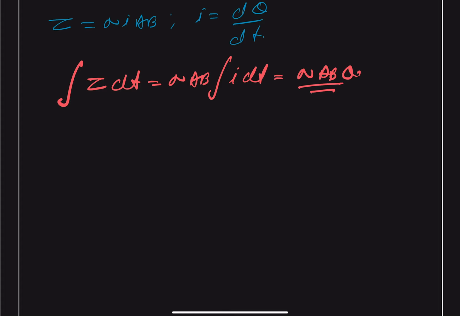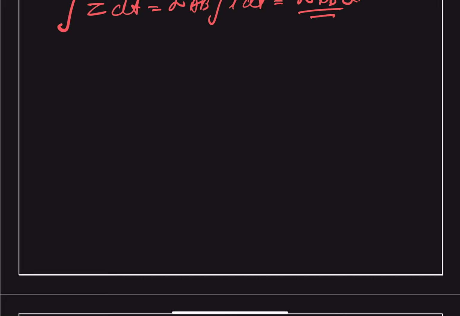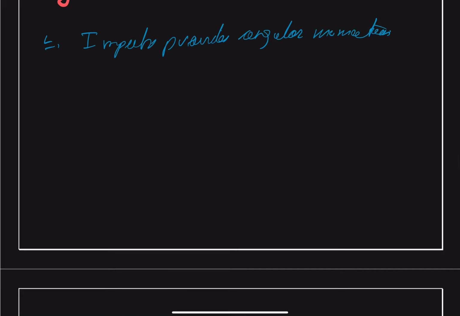Okay. And it will also provide an angular momentum. So we can say that impulse provides angular momentum, and that is given as L, which is equal to I times omega, where I is the moment of inertia.